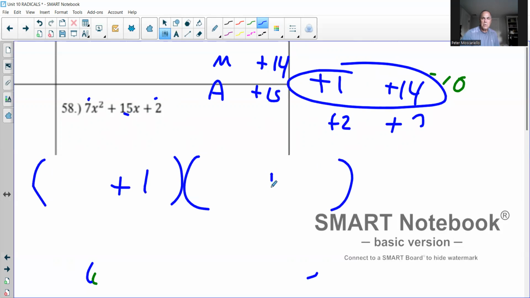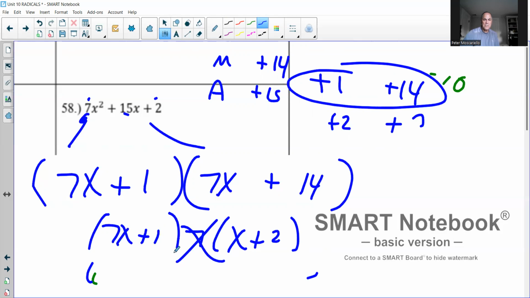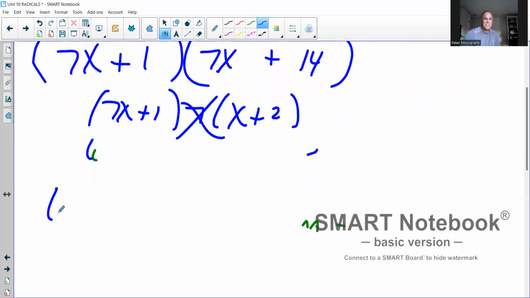Positive 1, positive 14, and the 7 repeats, 7x, 7x. Can I FIO here? Nope. Can I FIO here? Yep, a 7. Factor it out, throw it out. So final answer, 7x plus 1 times x plus 2.